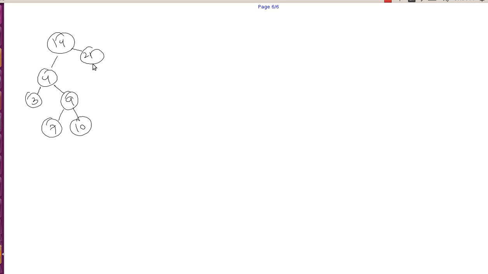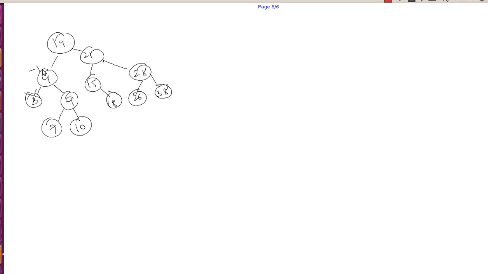So the previous tree which was given to us was 14, 4, 3, 9, 7, 10, 21, 15, 18, 28, 26, 8. So here the balancing factor was minus 1.